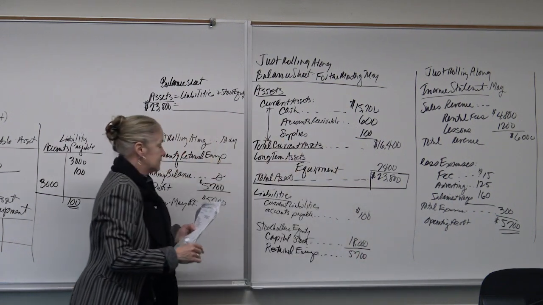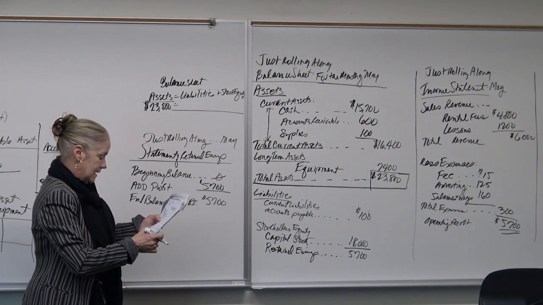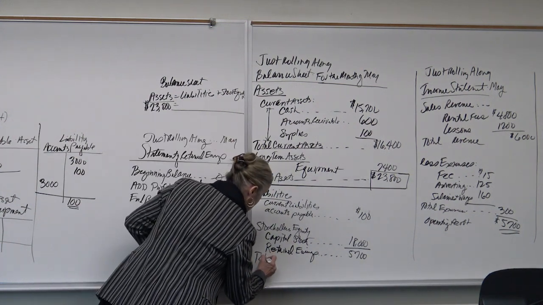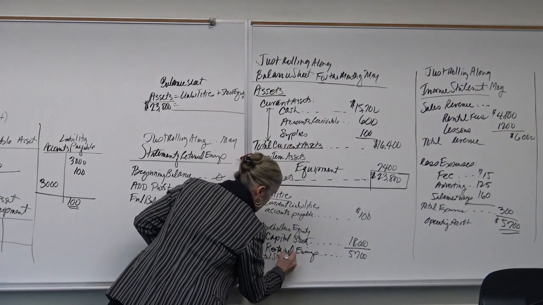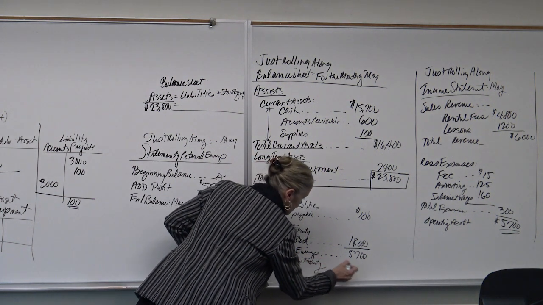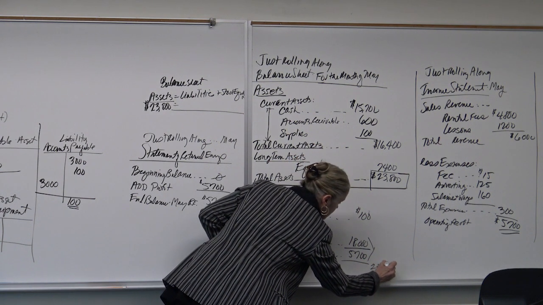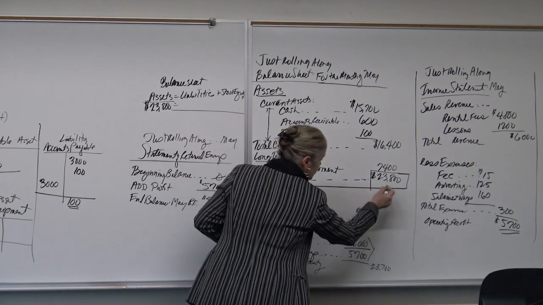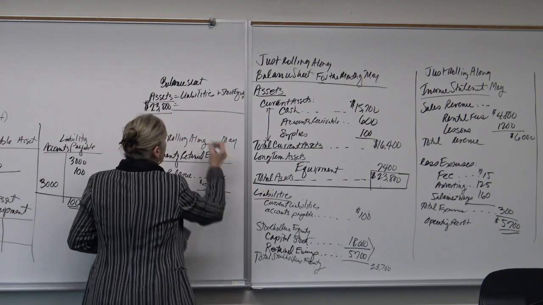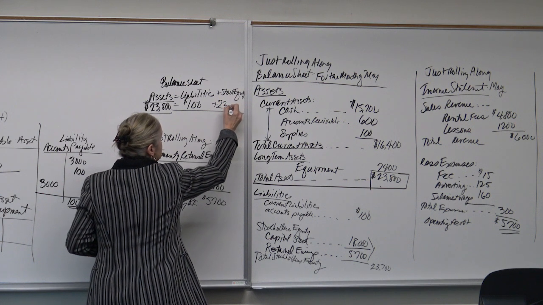I'm going to add the 18,000 plus the 5,700, and I come up with 23,700 in total stockholders' equity. Now, as you see, I have 23,800 in assets, and my liabilities are 100, and my stockholders' equity is 23,700.